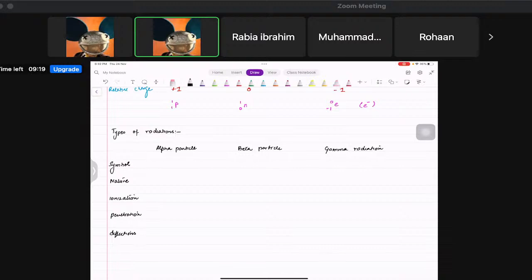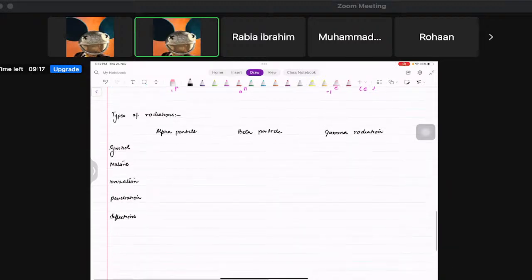Now check this. The symbol of alpha particle is of course A. It has 4 mass, 2 charge, and of course plus 2. Usually we write it like this. Beta particle is like B, 0, -1, and gamma is like a ribbon like this. It has no charge, nothing.